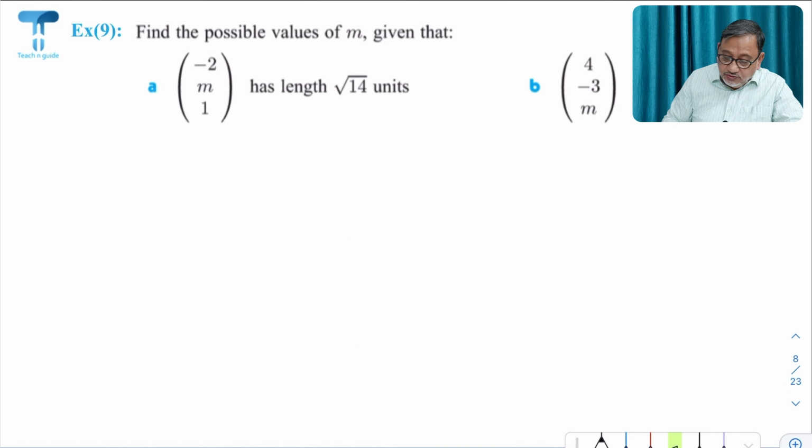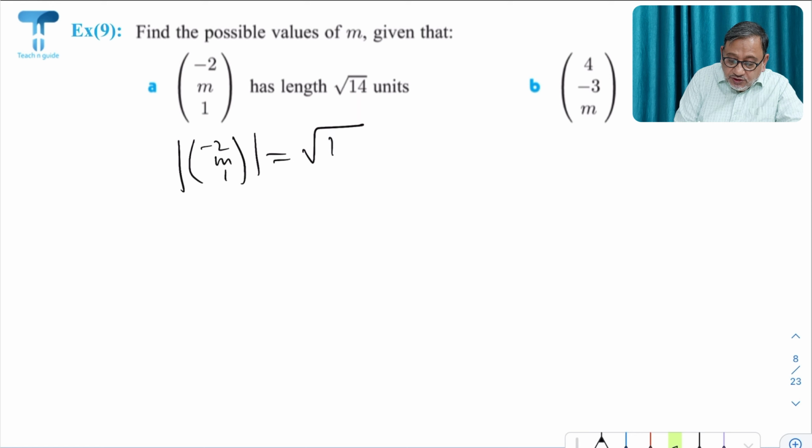Now this I am going to solve here. Find the possible values of m when it has a length of square root of 14. So what I will do: the magnitude of (-2, m, 1) is equal to the square root of 14. Therefore the square root of (-2) squared plus m squared plus 1 squared is equal to the square root of 14.